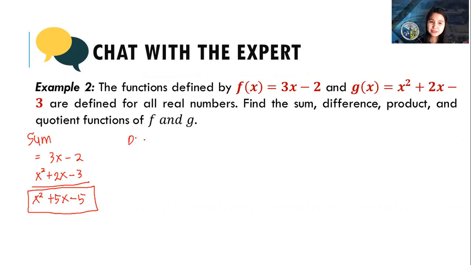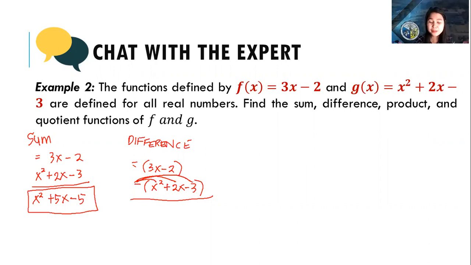For the difference, we have 3x minus 2 minus x squared plus 2x minus 3. We have the minus sign here, so we need to distribute that.